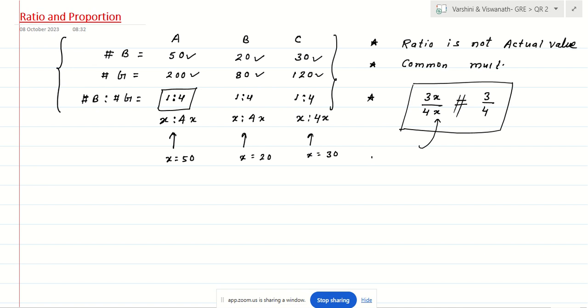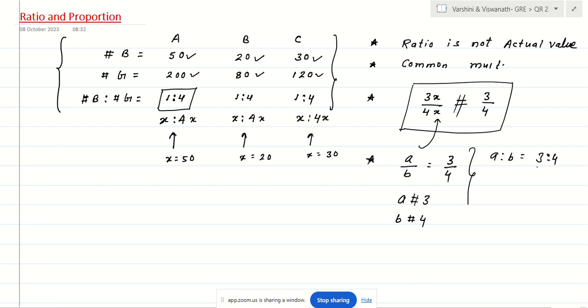And one more good point, where we always get confused. Let's say it is given here a upon b equals 3 upon 4, which does not mean that a equals 3 always, or that b equals 4 always, right? Since it's the ratio, a is to b equals 3 is to 4.